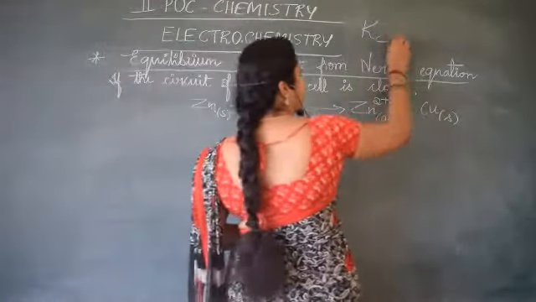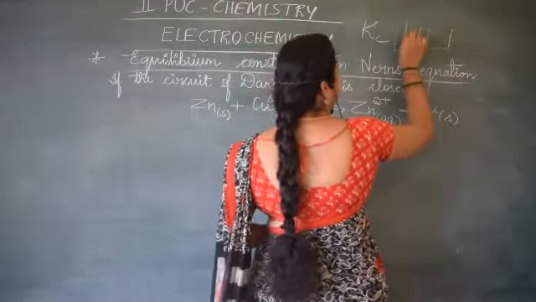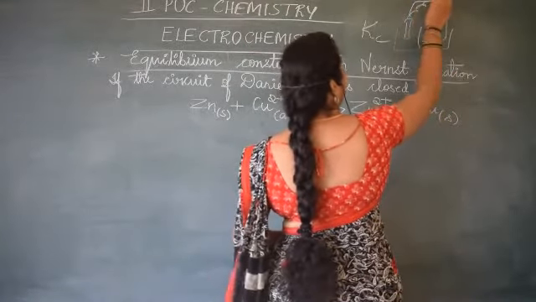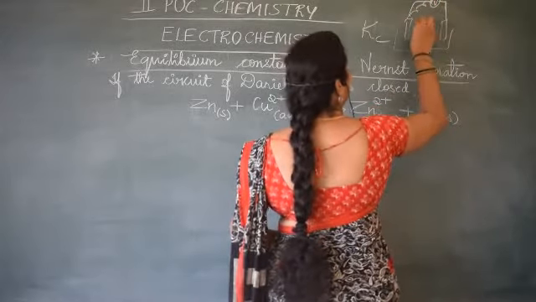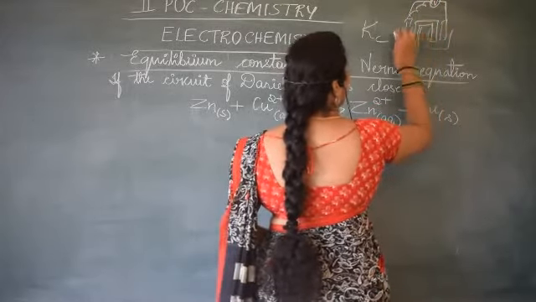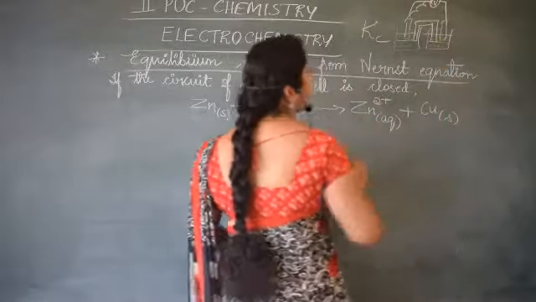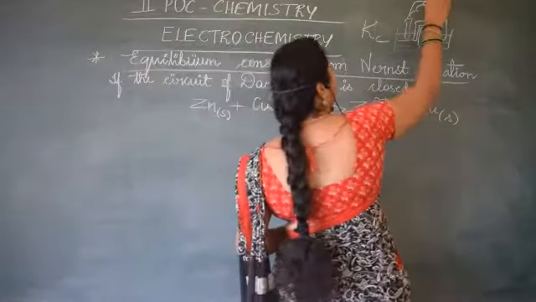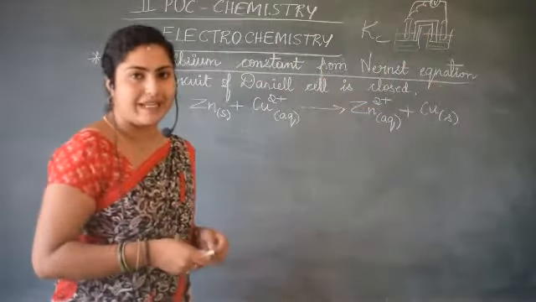You know about this. I need not again tell you briefly about the setup. Two electrodes, which are externally connected and internally connected by a salt bridge which is dipped in its own solution. Now they are externally connected, and what is the job of the voltmeter? It shows the voltage or potential.